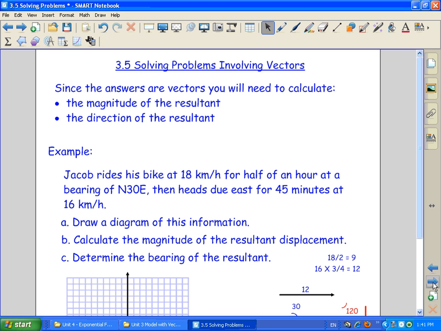Here we go. Since the answers are vectors, you will need to calculate A, the magnitude of the resultant, and B, the direction. For the direction, we're either going to use bearing or true bearing.